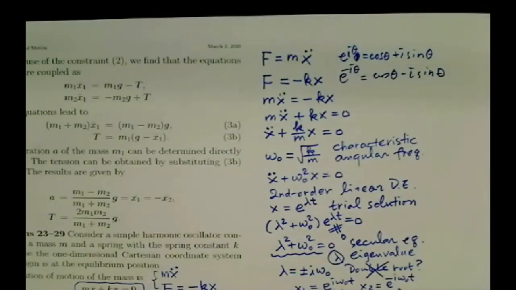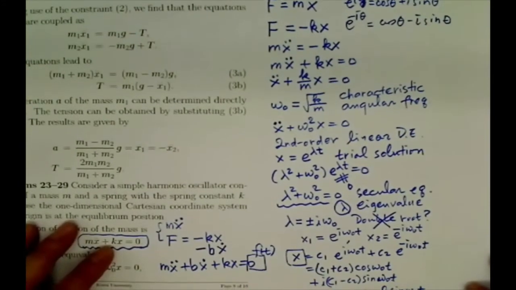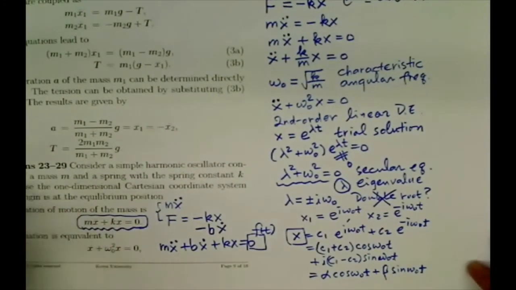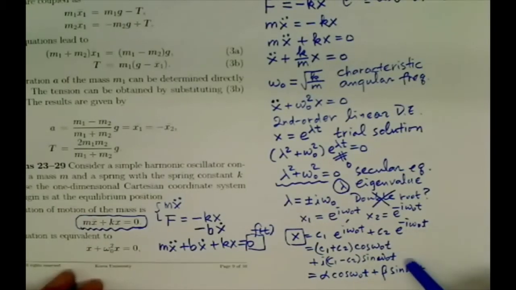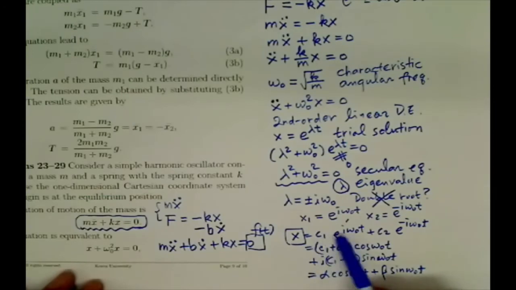Therefore, exponential i omega 0 t and exponential minus i omega 0 t can be consistently expressed in terms of cosine omega 0 t and sine omega 0 t. The overall factor is an undetermined arbitrary parameter, so we can replace it with another arbitrary parameter. Just alpha cosine omega 0 t plus beta sine omega 0 t will be the general solution of this simple harmonic oscillator.